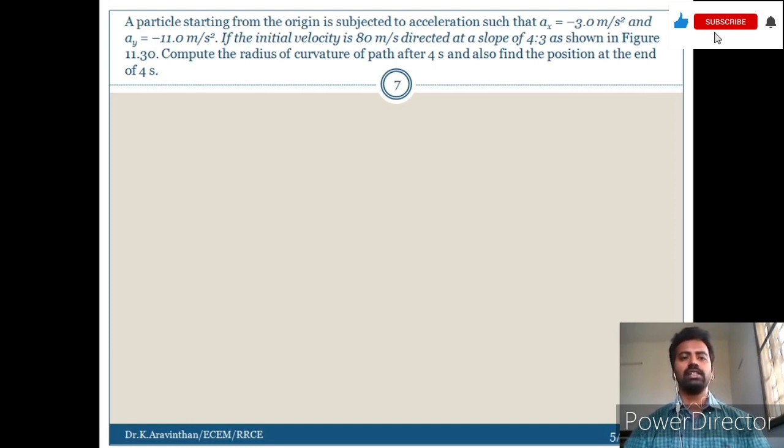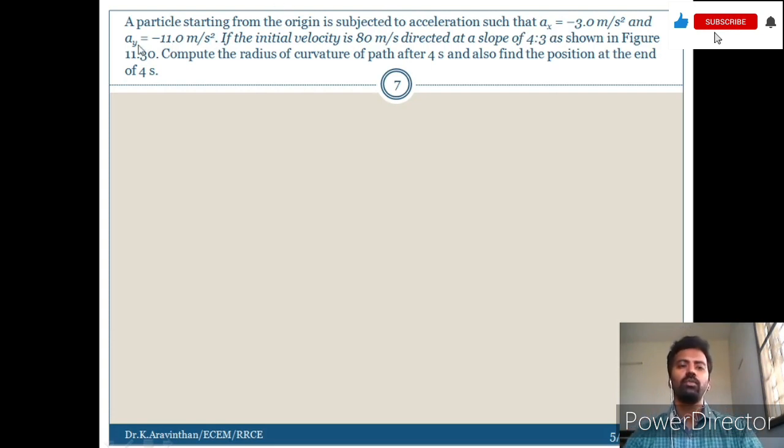A particle is starting from origin, is subjected to an acceleration of ax equal to minus 3 meter per second square and ay equal to minus 11 meter per second square. So the acceleration is given along x component and y component.